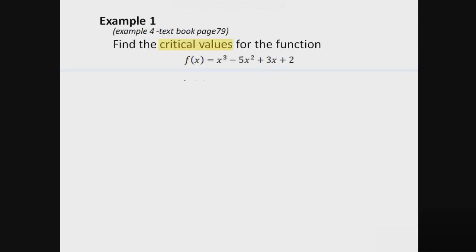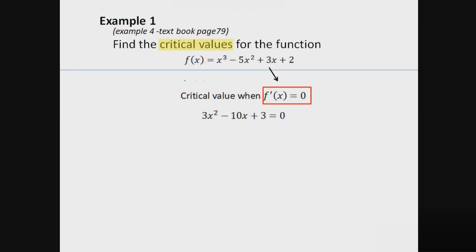Let's go for example 1. Find the critical values for the function f of x is equal to x cubed minus 5x squared plus 3x plus 2. Let's begin with the first derivative. It is known as a critical value when f prime x is equal to 0. So the first derivative of this function will be 3x squared minus 10x plus 3 is equal to 0.